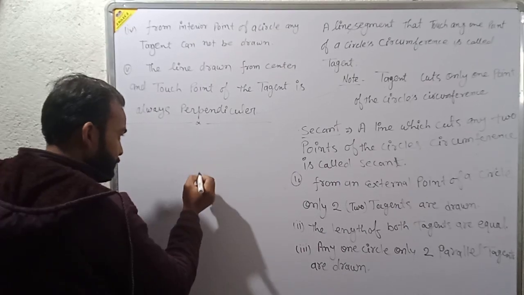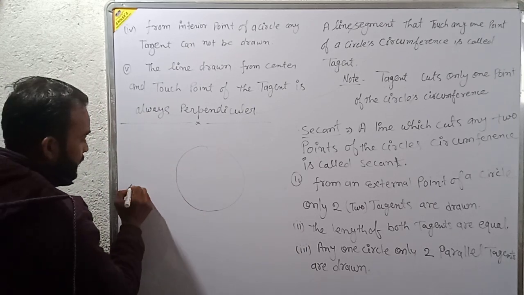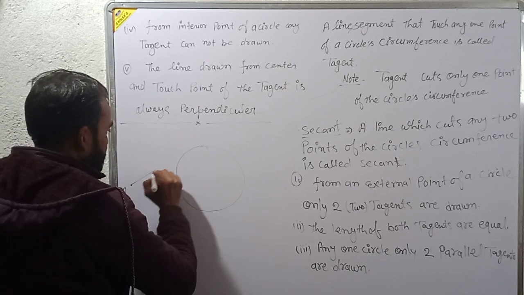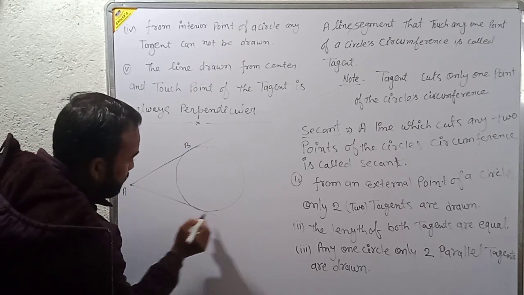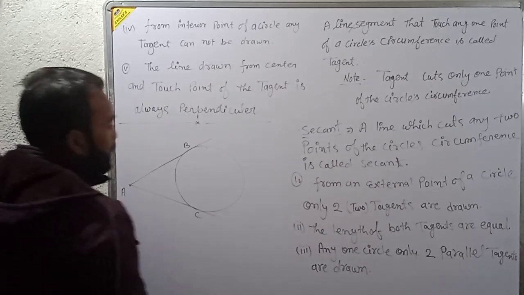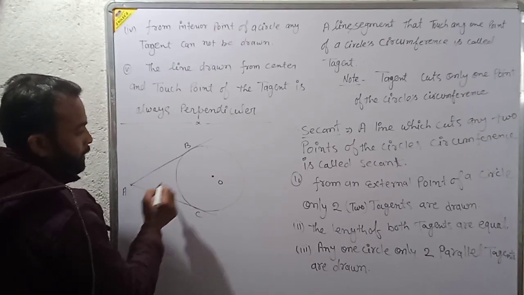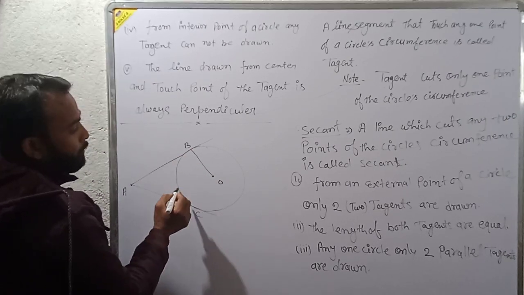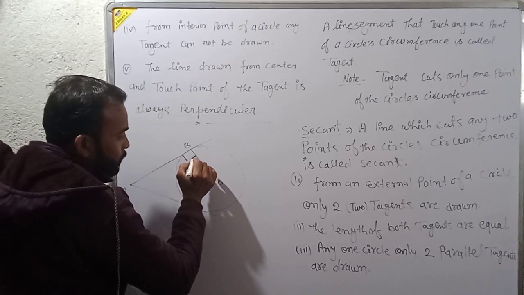Let me suppose this is a circle and this is an external point A. This is a tangent B and this is another tangent C. Clear? This is center O. This is the radius. The angle between the radius and the tangent is equal to 90 degrees.